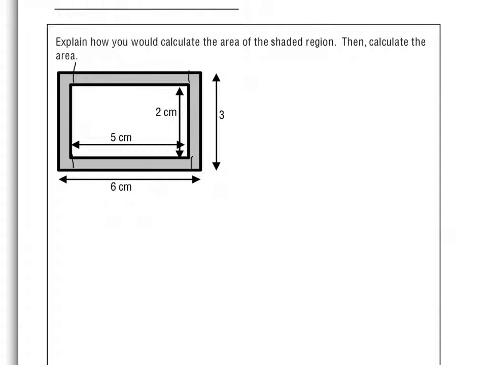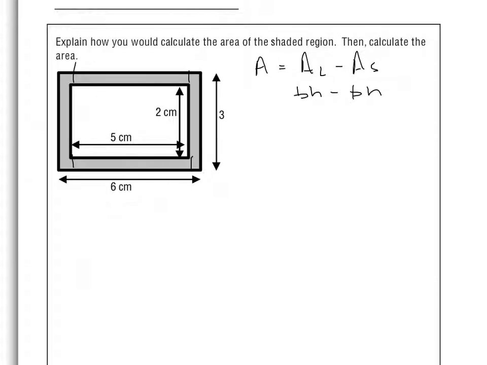However, probably the best way to do this is to think about this as subtractive area. So you start with the area of a large shape and you subtract away the area of the smaller shape. The area of the larger shape is a base times height, and the smaller area is also a base times height.